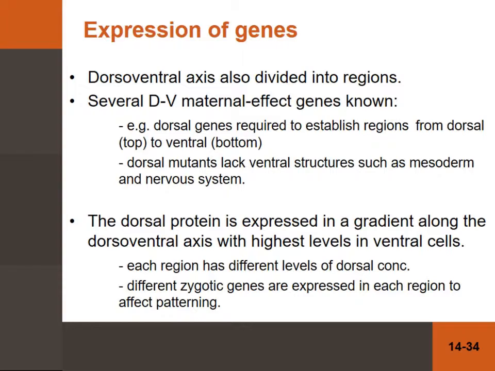The dorsal protein was found to be expressed in a gradient along the dorsoventral axis, with highest levels in the ventral cells. Each region was found to have different concentrations of these proteins, and different zygotic genes are expressed in each region to affect the patterning of the embryo.